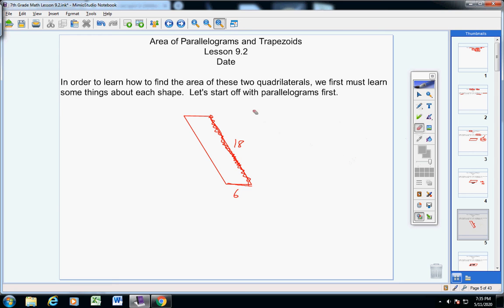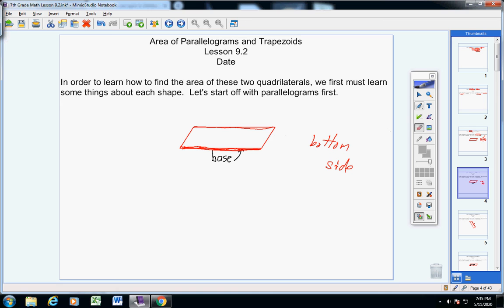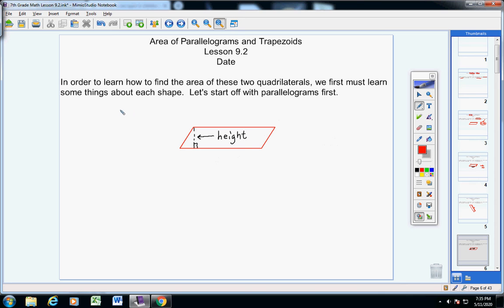Well, guys, the same thing is true with parallelograms. So this number here is not the height. Back here, this number right here is not the height. The height is a line from the top of the parallelogram down to the opposite side, the base, so that it forms a right angle.